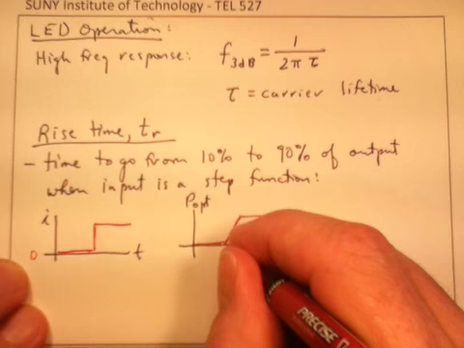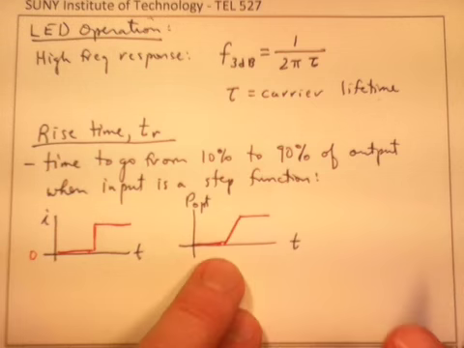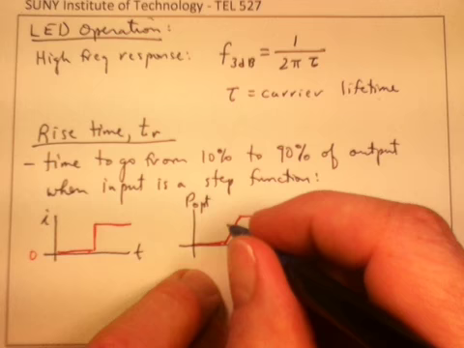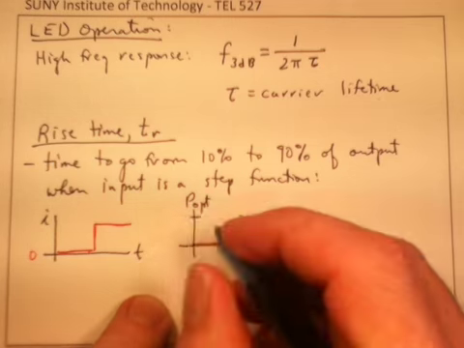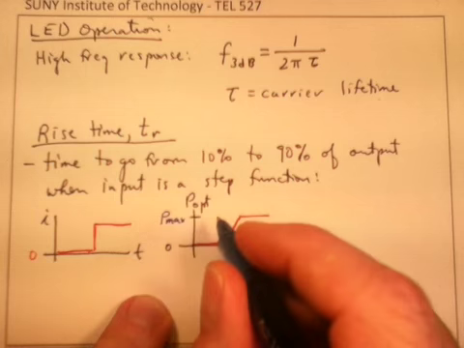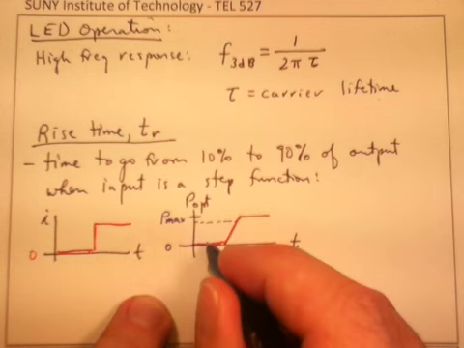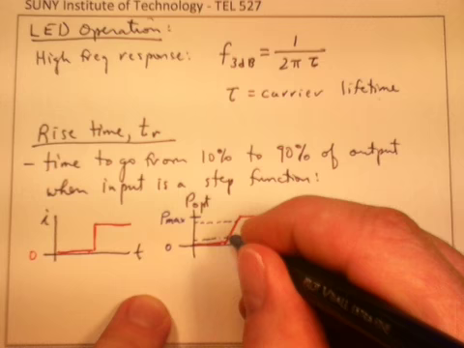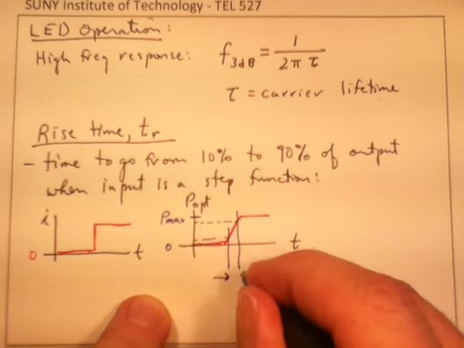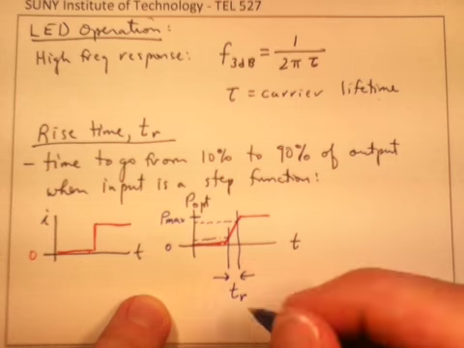So it takes some time to respond, and we'll take the 100% P max, here's 0, and we'll take from 90% to 10%, and we'll take that time as TR, T rise.